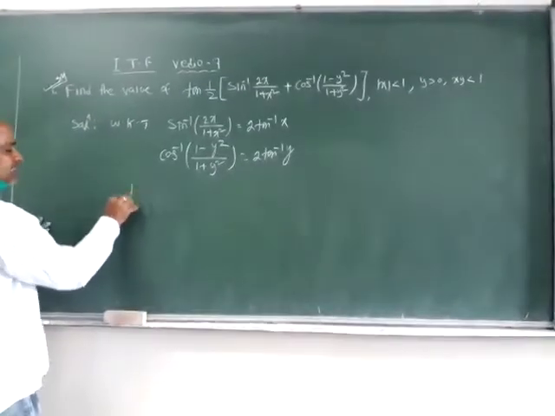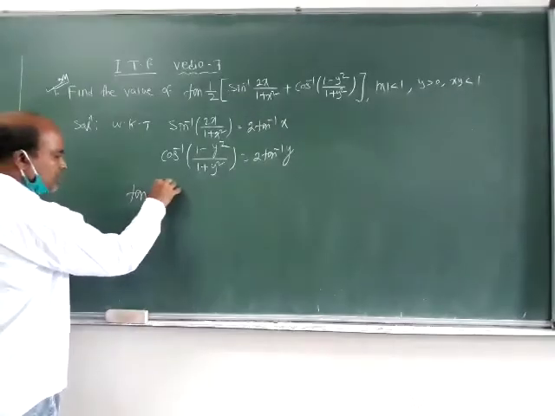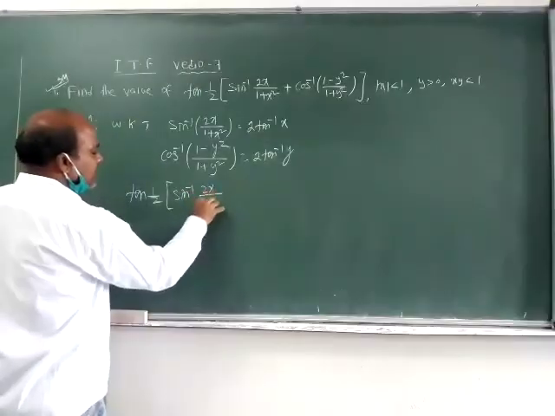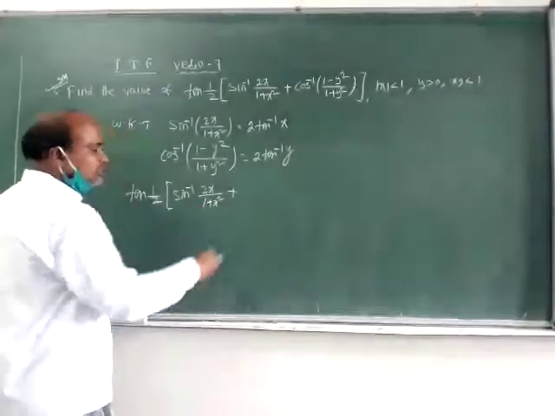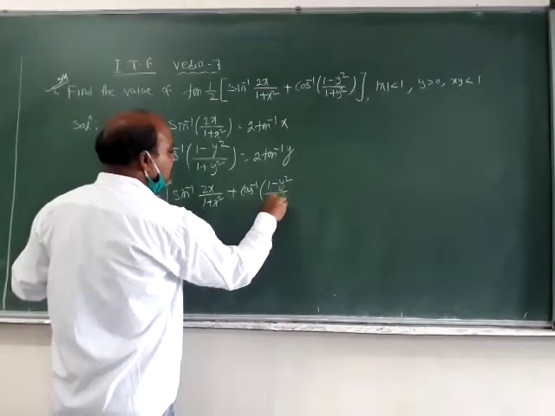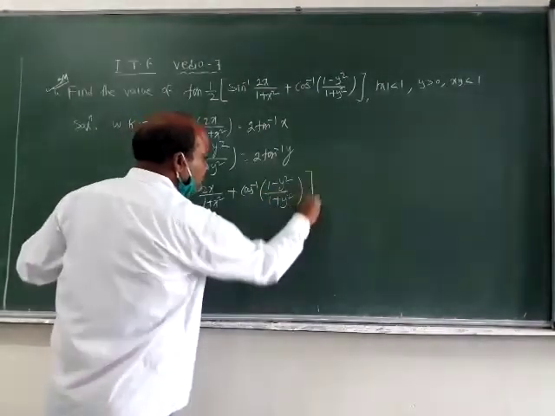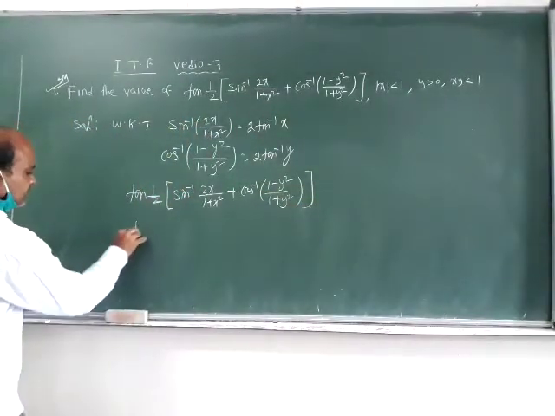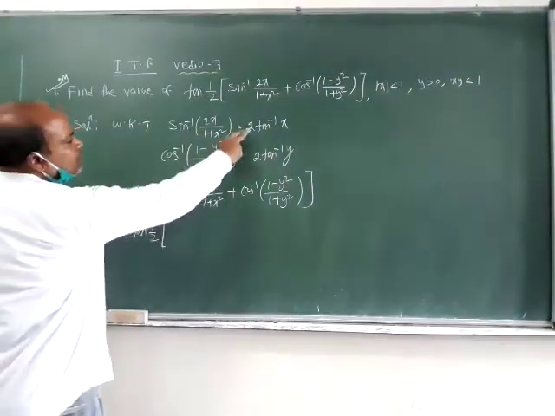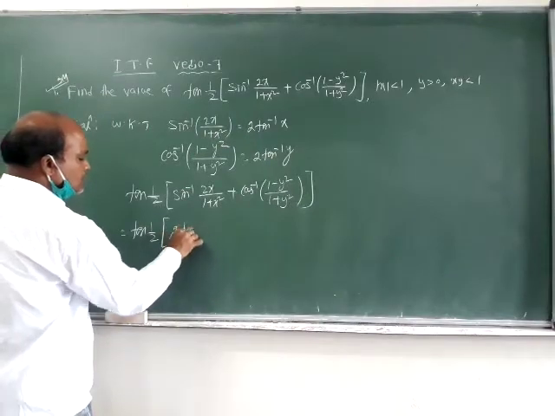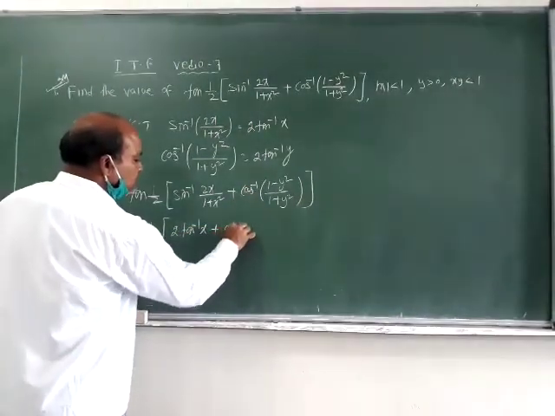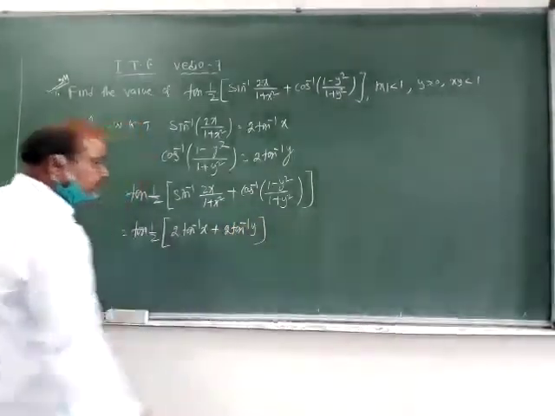So what is the given condition here? We have tan 1 by 2 of sin inverse 2x by 1 plus x square plus cos inverse 1 minus y square by 1 plus y square. So that is tan 1 by 2 of sin inverse 2x by 1 plus x square; the formula is 2 tan inverse x, plus this formula is 2 tan inverse y.